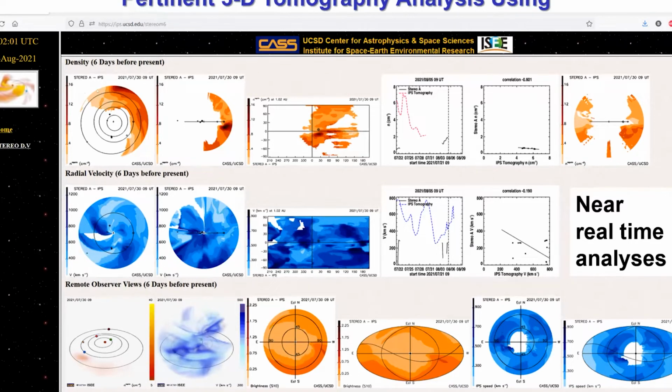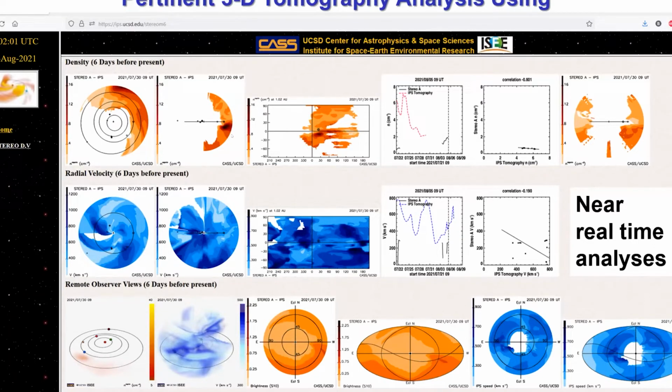The analysis can provide a reconstruction from STEREO, right here seen in this ecliptic plot, and you can see Earth here. This is about 3 or 4 days ago, and because of the data latency from STEREO, you don't really do a good job at the current time, but you can at least reconstruct what is 6 days before present, a pretty complete view of the region around STEREO and Earth.